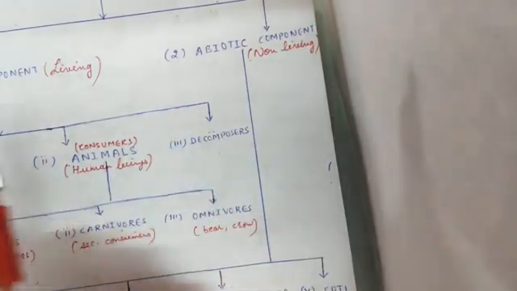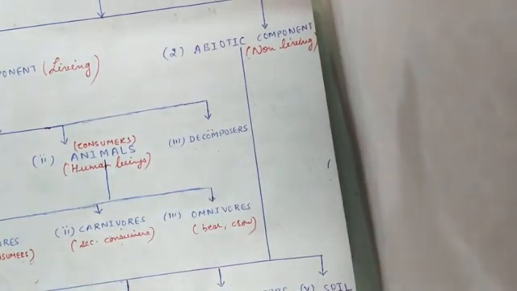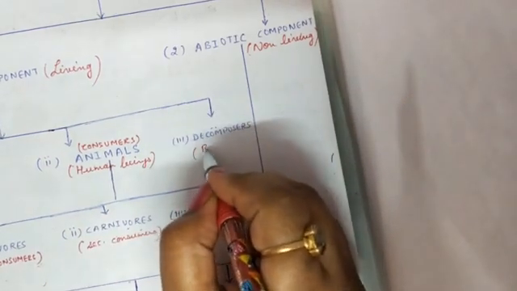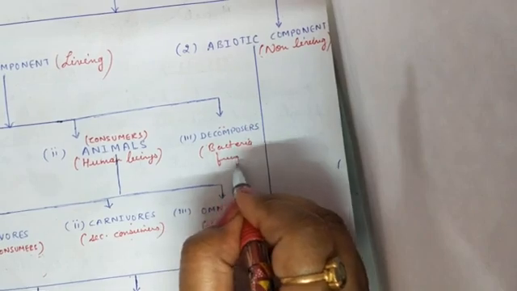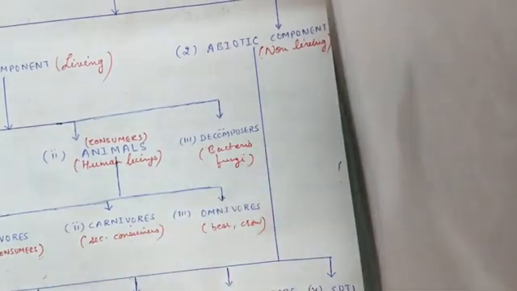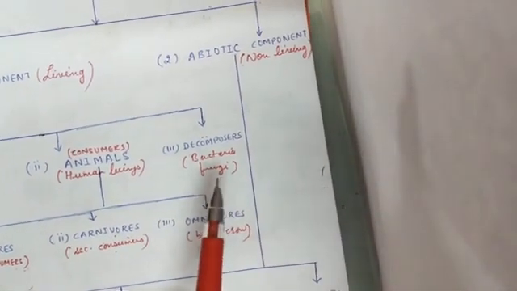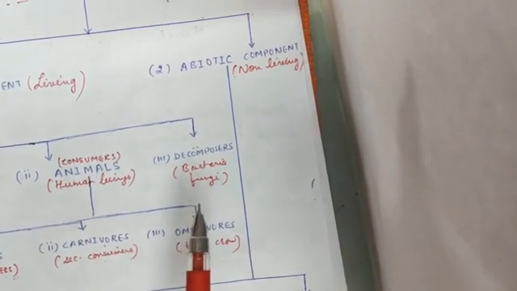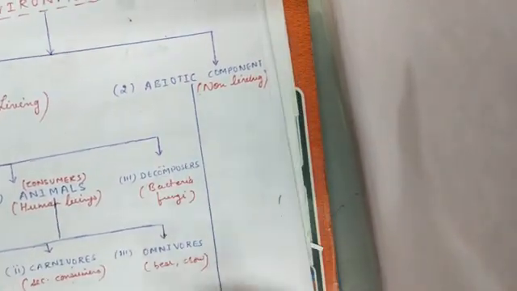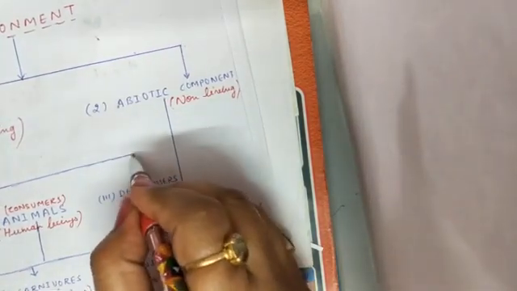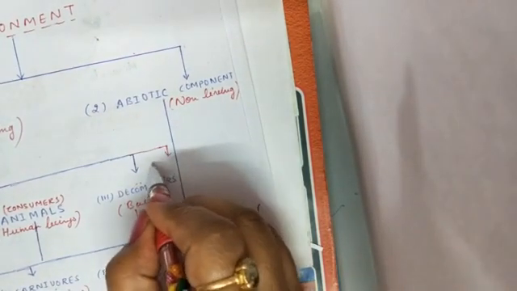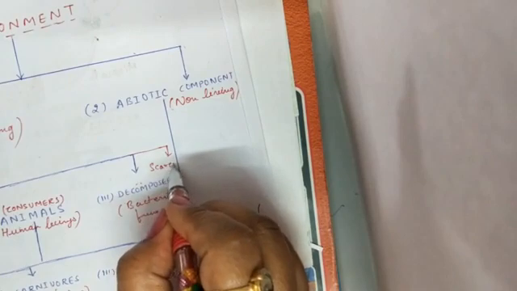And the next group of biotic component is decomposers. Decomposers are the microorganisms like bacteria and fungi, which feed on dead and decaying plants and animal matter. And we have one more group of biotic component, that is scavengers.